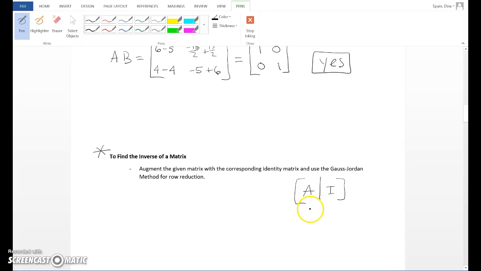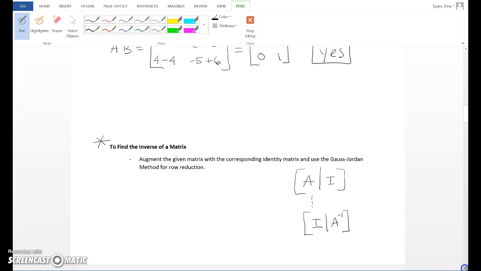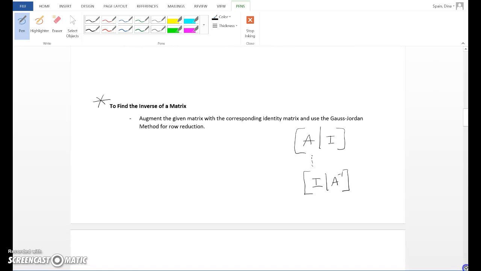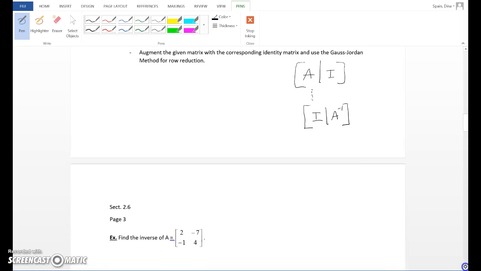Then you use the Gauss-Jordan method, and you're going to end up with the identity matrix on this side, and what pops up on the right is going to be your inverse matrix. So that's the process.